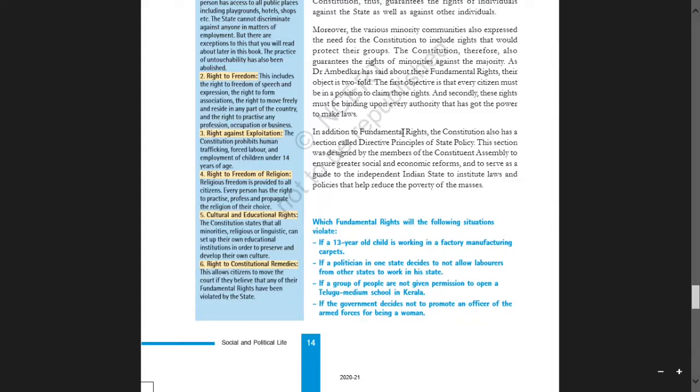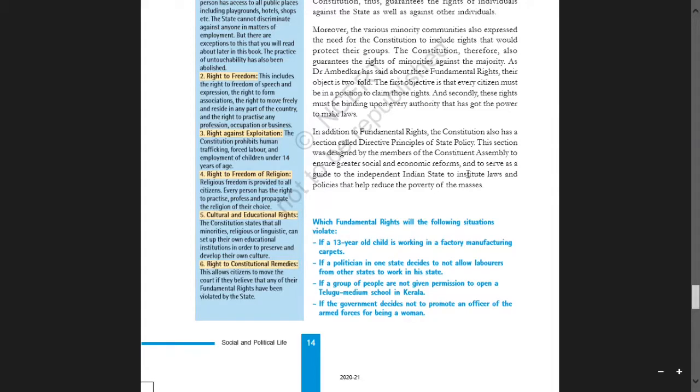In addition to fundamental rights, the Constitution also has a section called Directive Principles of the State Policy. This section was designed by the members of the Constituent Assembly to ensure greater social and economic reforms and to serve as a guide to the independent Indian state to institute laws and policies that help reduce the poverty of the masses.